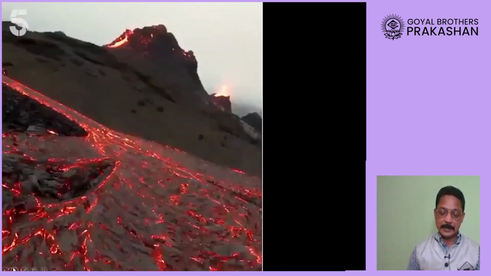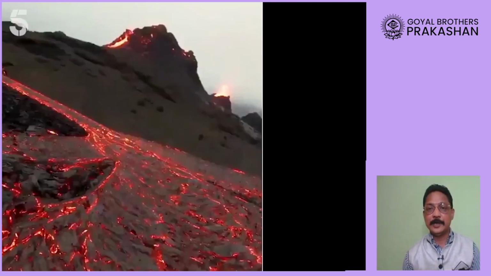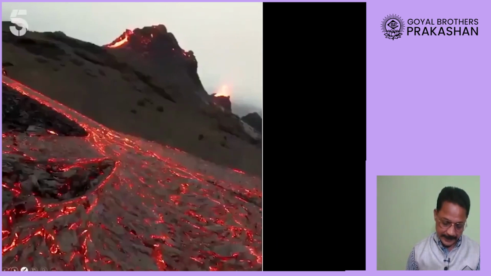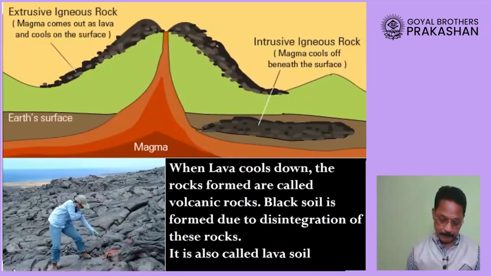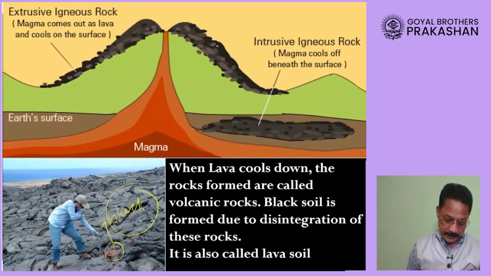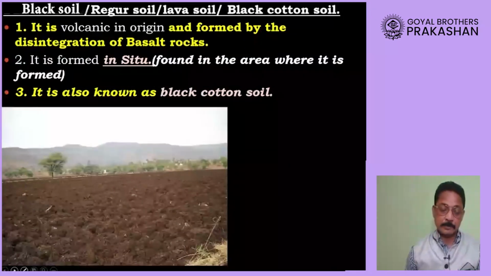The lava that comes out because of the volcanic eruption. And when this lava solidifies, it turns into basalt rock, and when this basalt rock disintegrates, this soil is formed. You can see here in the picture this lava, reddish in color, but on solidification it becomes black in color.